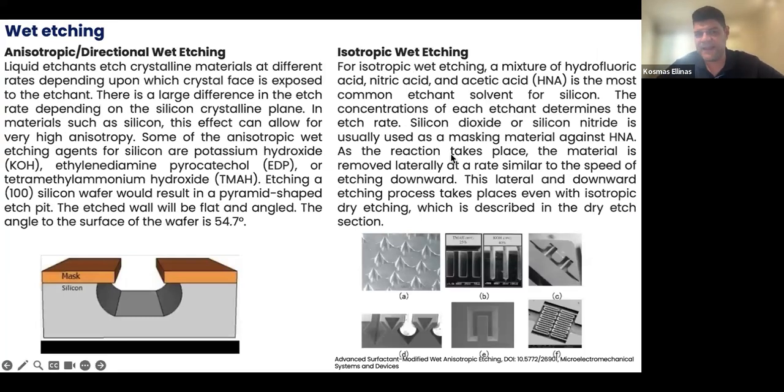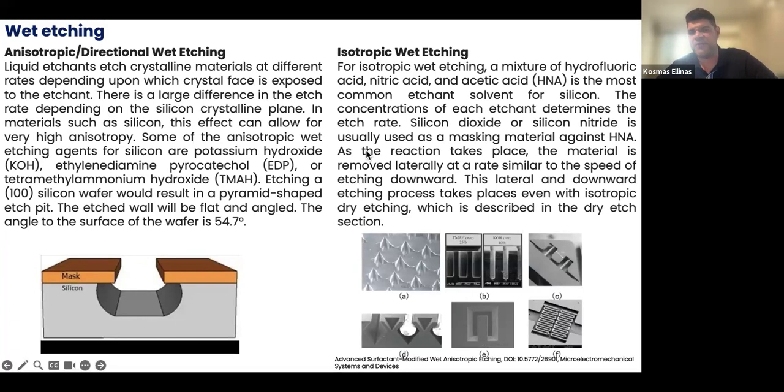So, if we want to go for a directional wet etching, we have to find a correct combination of the etchant and the material.